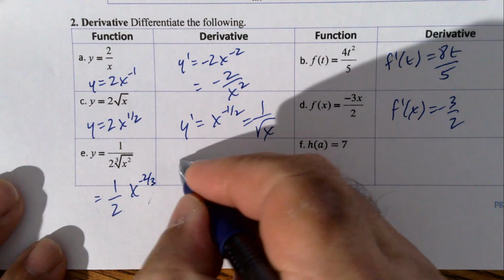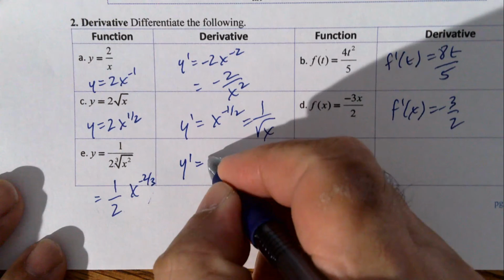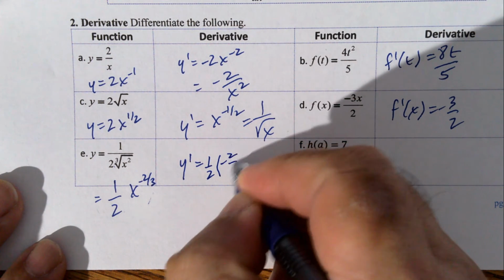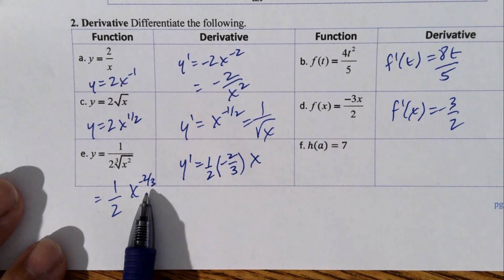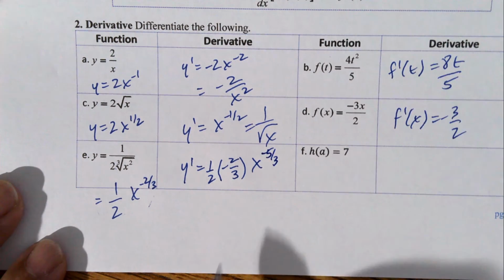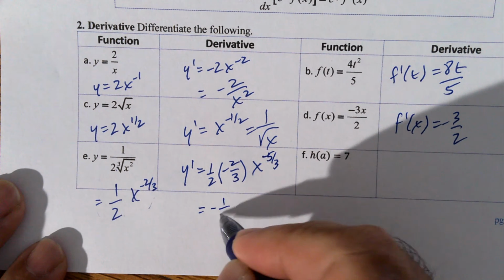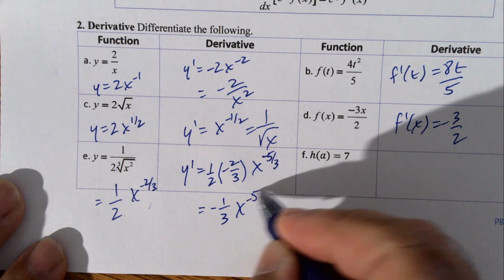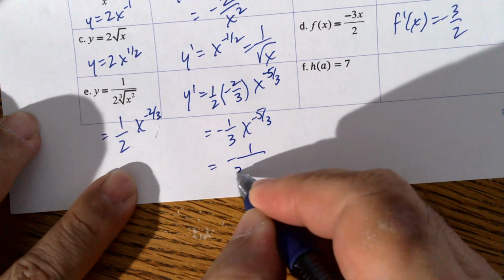Now let's do the calculus. It's going to be 1/2 times negative 2/3. I'm going to write that out because sometimes I get lost when I do that. And then subtract 1 from the exponent. So it's negative 2/3 minus 1. So that's negative 5/3. Now here, the 2's cancel. So I get negative 1/3 x to the negative 5/3. If you want to clean that up, it's going to be negative 1 over 3x to the 5/3.